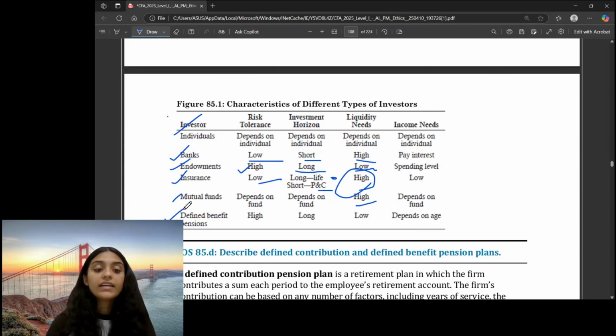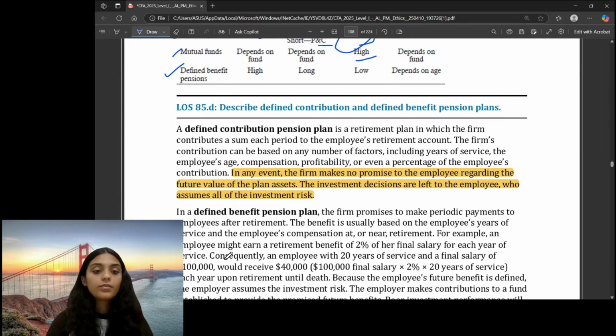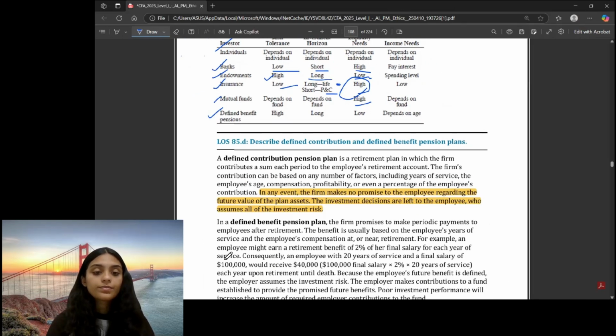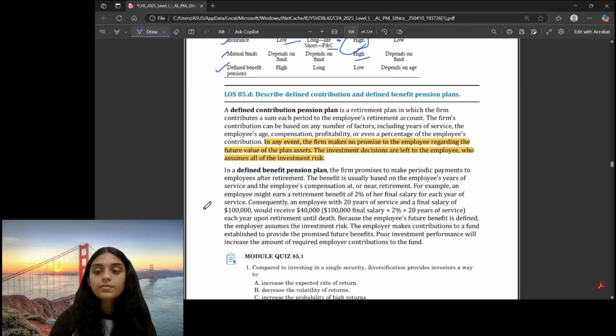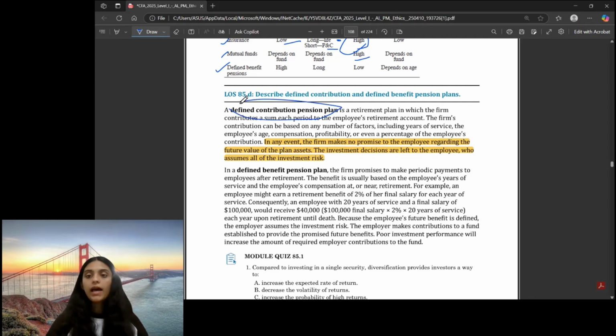Then defined benefit pension, we'll read about them here. There are two types. What is a defined contribution pension plan? In this plan, the amount of contribution is fixed, and the employee bears all of the risk.